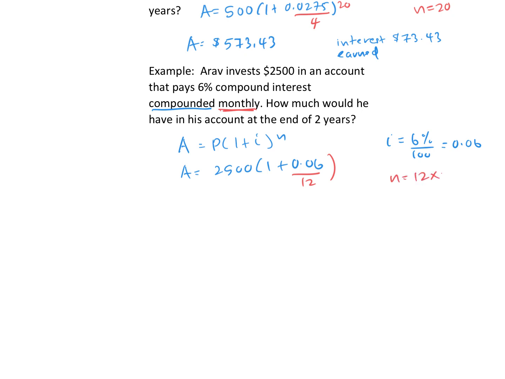So monthly for 2 years, n will be 24. And then we'll calculate this. So the 6% is divided monthly, so divide by 12, add 1. Power is 24, and then times $2,500 is $2,817, and let's round that to 90 cents.